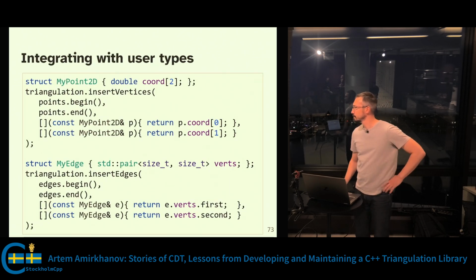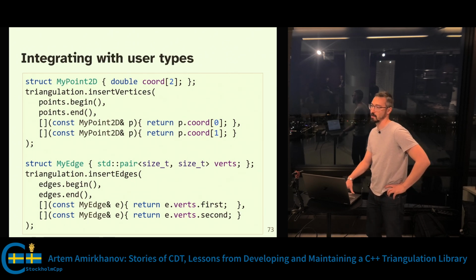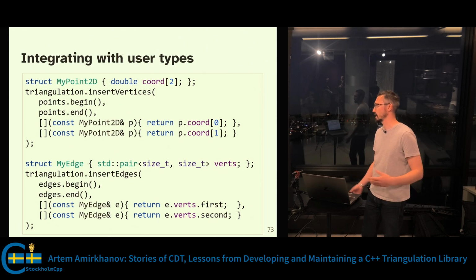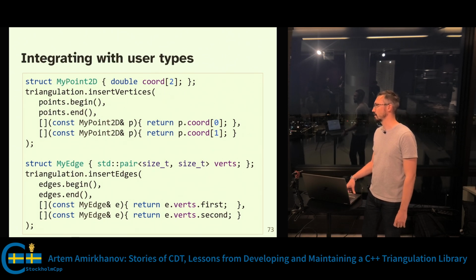This is some nice thing I wanted to show. So if the user has their own types for the points and edges, which of course they do, it's nice not to force them to make a temporary buffer that they have to copy the data into so that they can just feed it to the CDT library, because the API of the CDT always takes a pair of iterators. So there is something you can do. You can provide getters for the x and y value of the point as function objects.